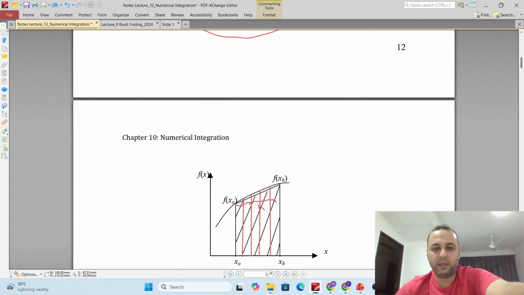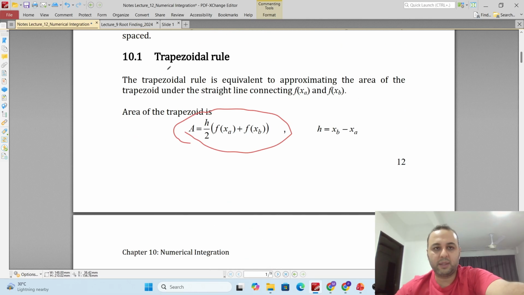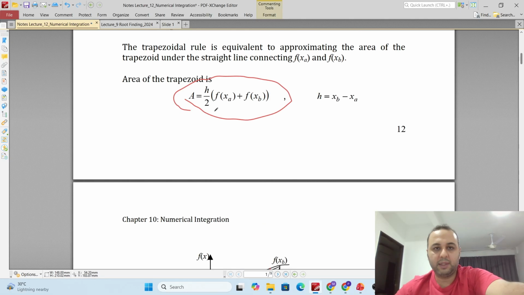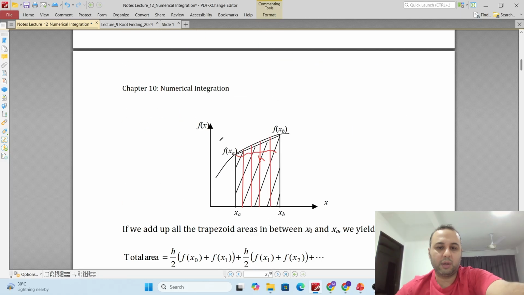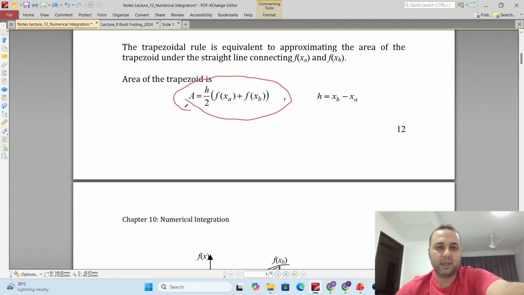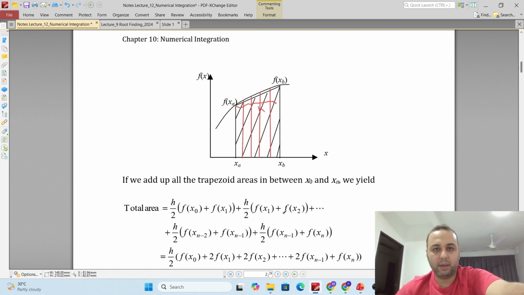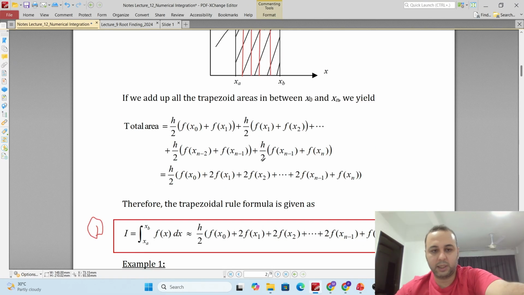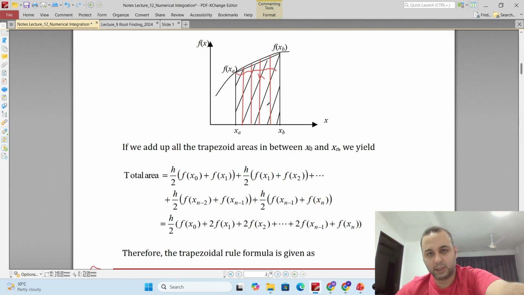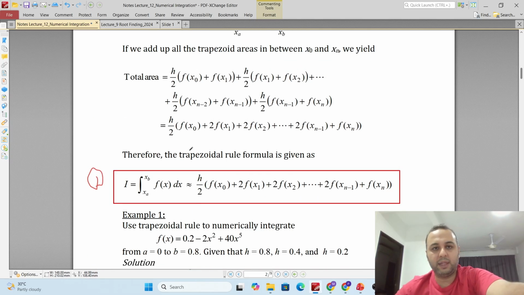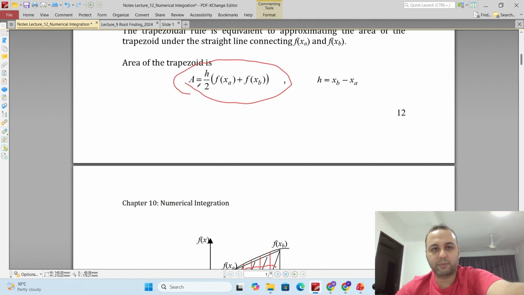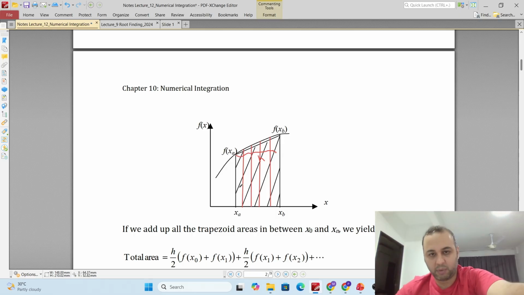If we simplify the area to a trapezoidal shape, applying the formula of the area of the trapezoid, we can approximate the integral with this formula, right? With the area of the simplified shape.